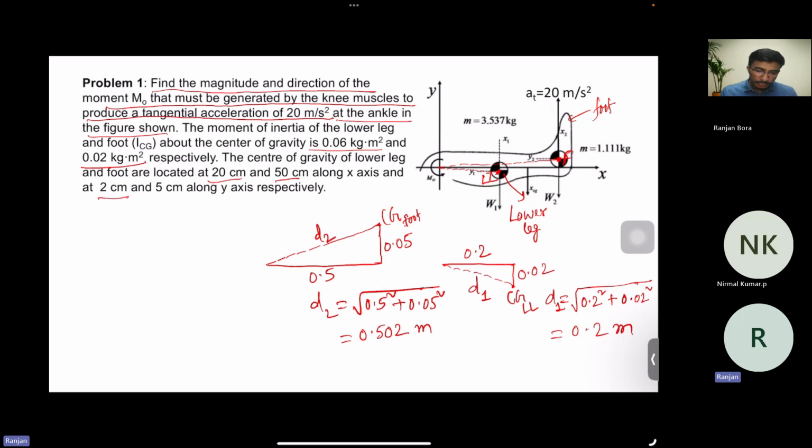Now we'll calculate the moment of inertia of the lower leg and foot about the knee joint.